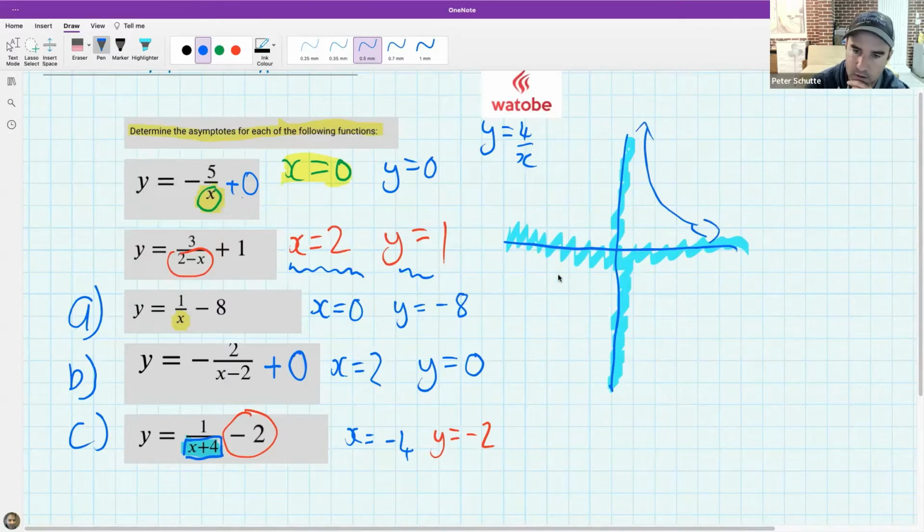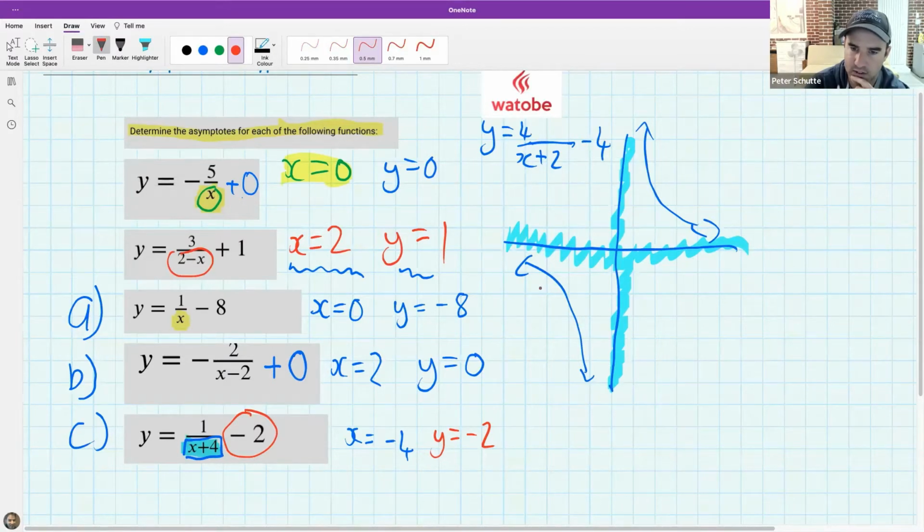Sorry, excuse my messy writing. But the moment we start shifting it around, the moment we start saying, oh no, this is now x plus 2, and this is now minus 4, what happens is that the asymptotes start to move around.